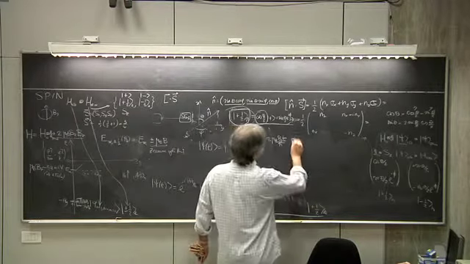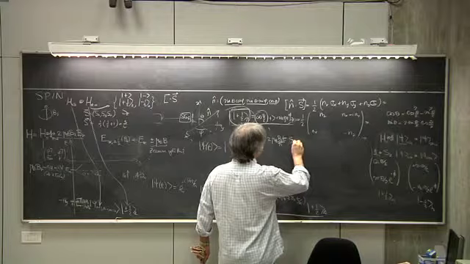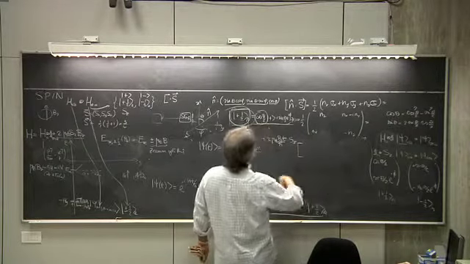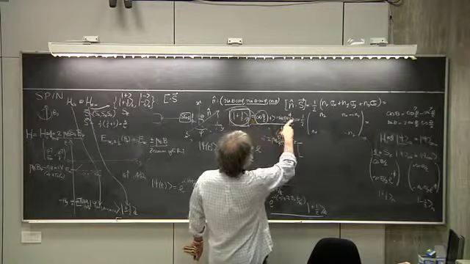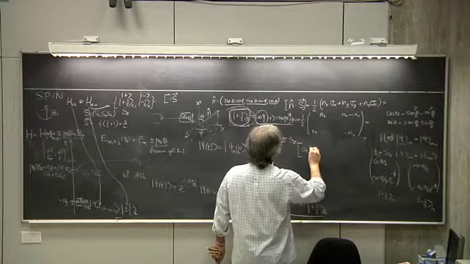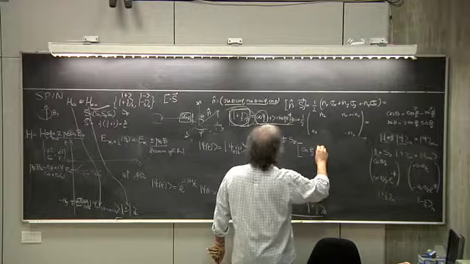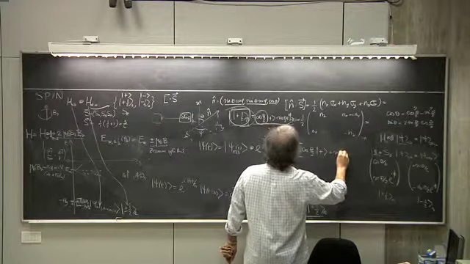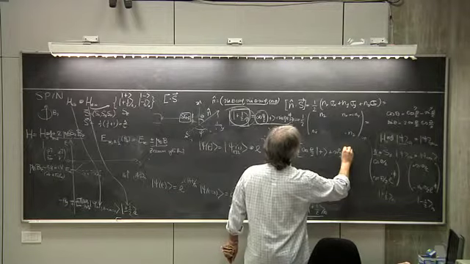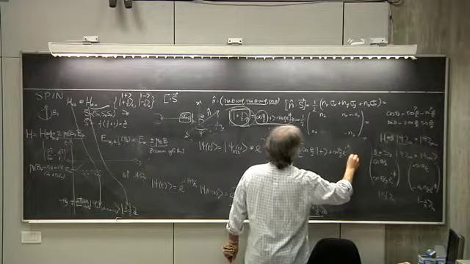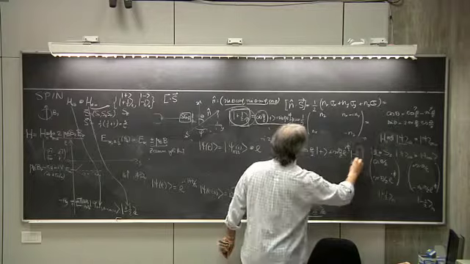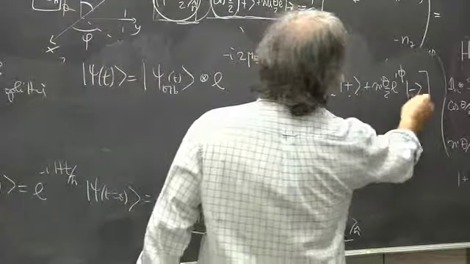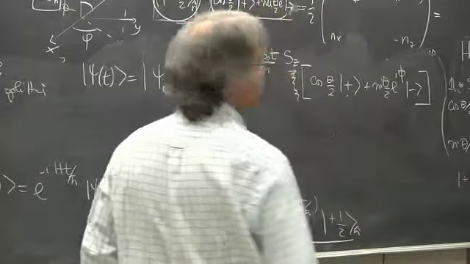Then I have Sz, and then I have this state that is equal to cos theta over 2 times the state plus, sine theta over 2 times e to the i phi and the state minus. Okay? Now, this and this are eigenstates of Sz.